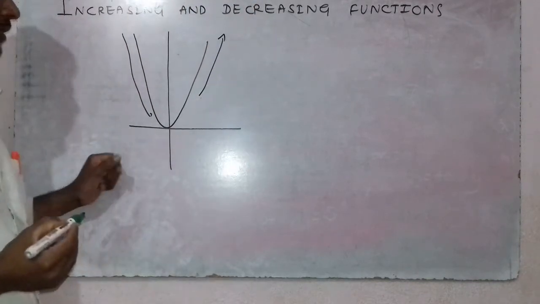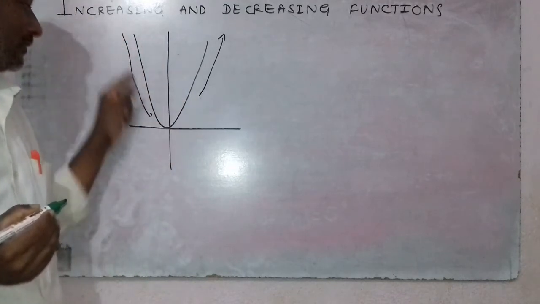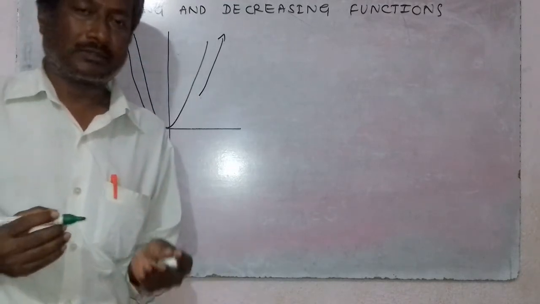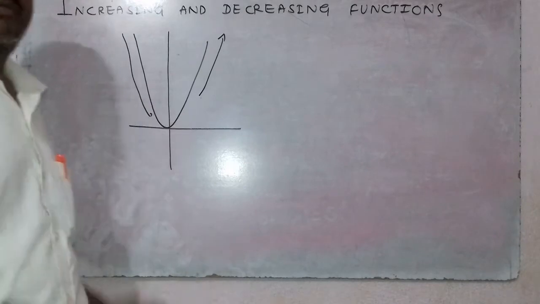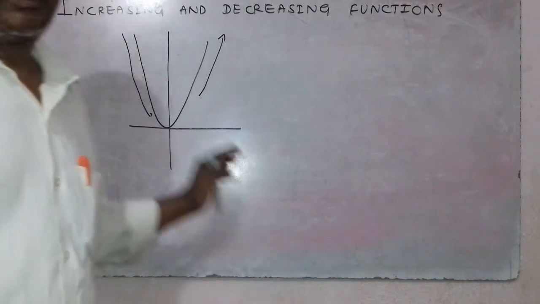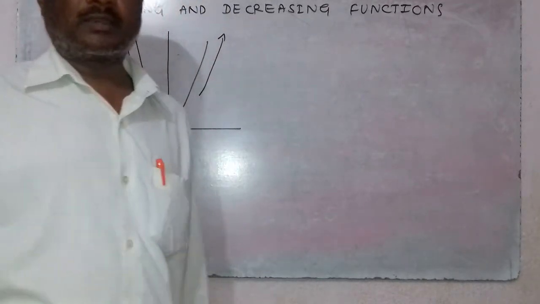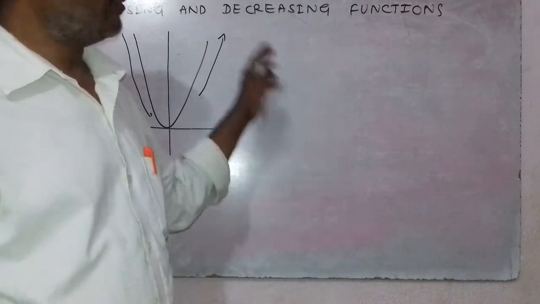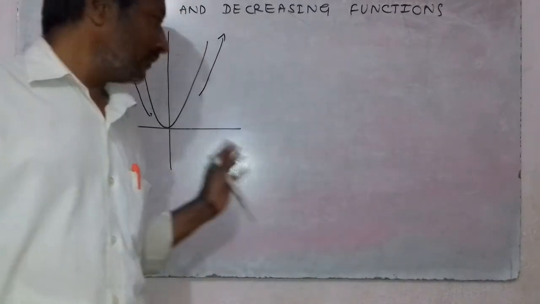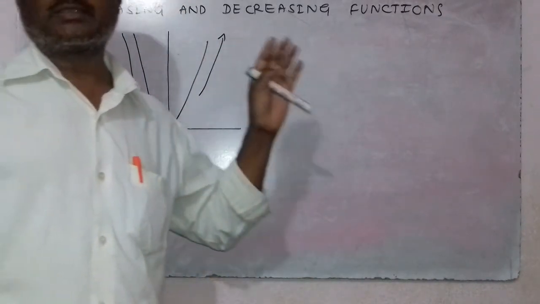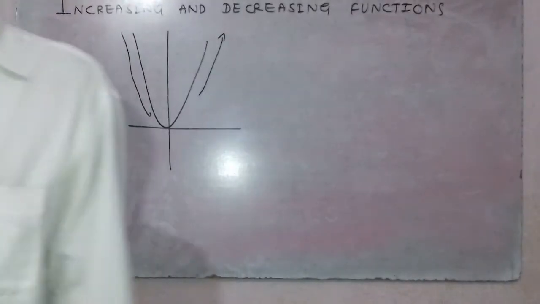So this one is decreasing and increasing. We have to give a mathematical approach to decreasing and increasing functions. What is a decreasing function and what is an increasing function? With the help of derivatives, we have to explain increasing and decreasing functions.